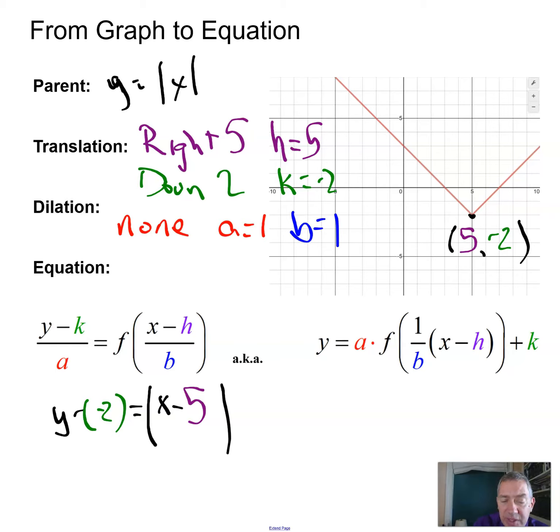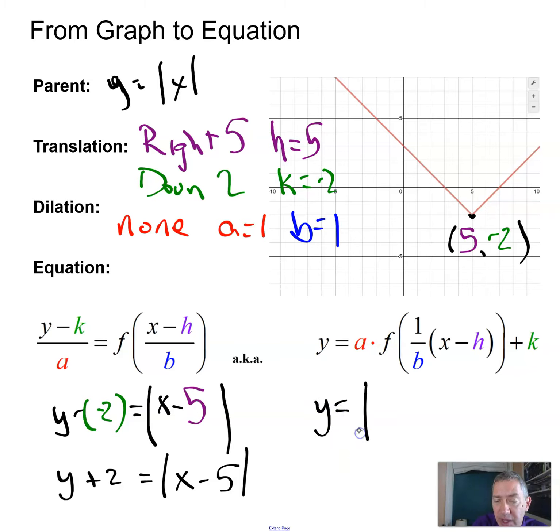We can simplify this if you prefer. y plus 2 is the absolute value of x minus 5. That's a lovely way to do it. If you prefer the other format, we can use y equals, a is 1, and so 1 times f makes no difference. Absolute value, 1 over 1, again makes no difference.